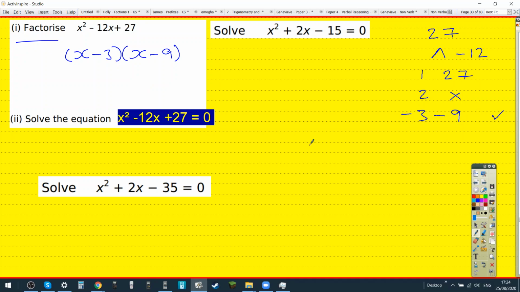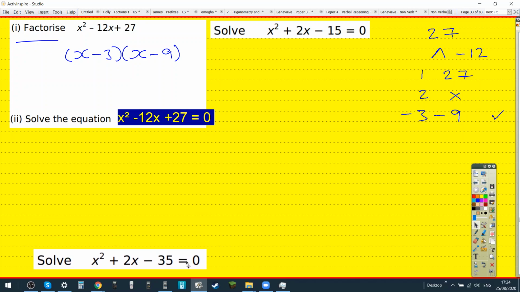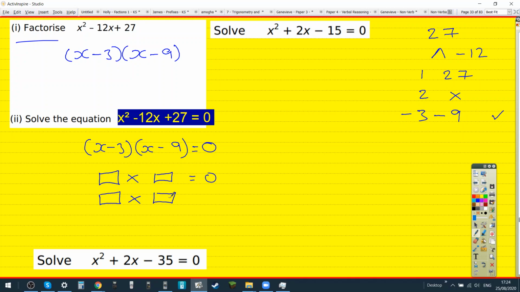Solve this equation for part 2. Do you notice anything about part 1 and part 2? Part 2 has a 0 and part 1 doesn't. Yeah, and so everything else is the same except for that. And so another way of writing the first part is x minus 3, x minus 9. Can you think of two numbers that multiply to make 0? 0 and 1.